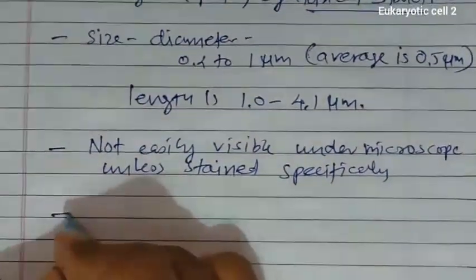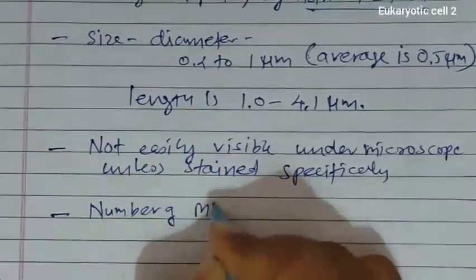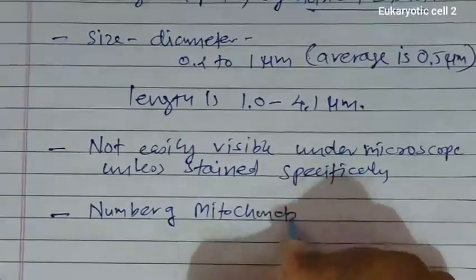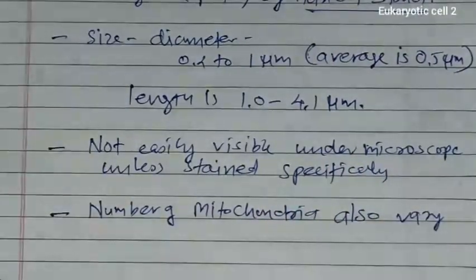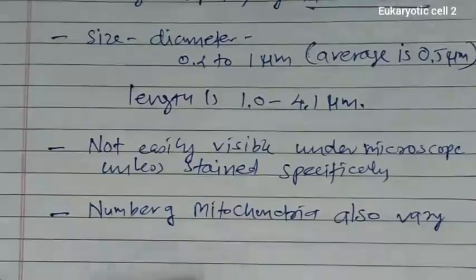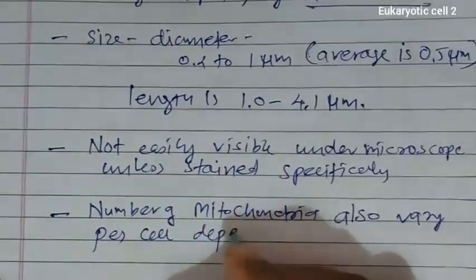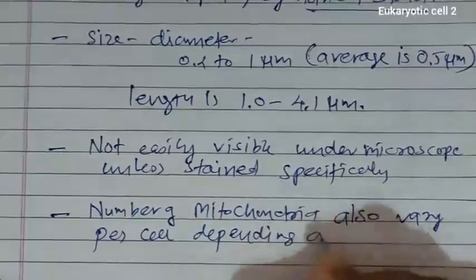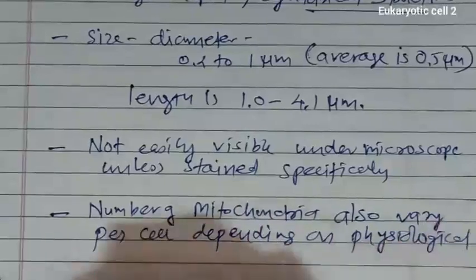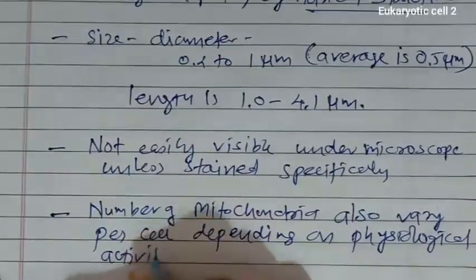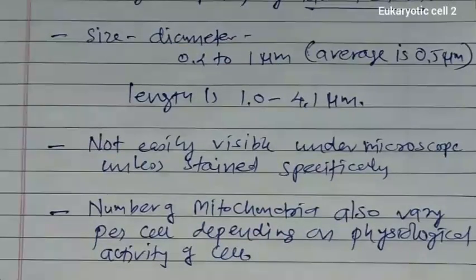And the number of mitochondria also varies per cell, depending on the physiological activity of the cell.